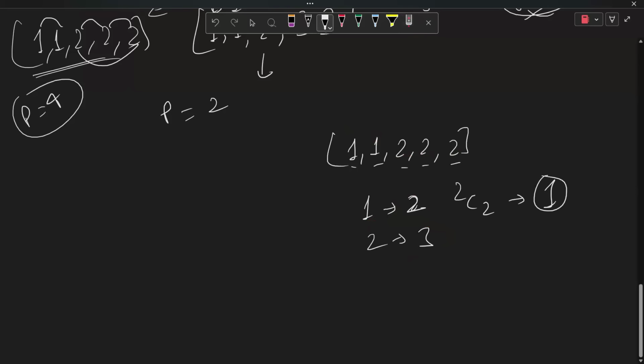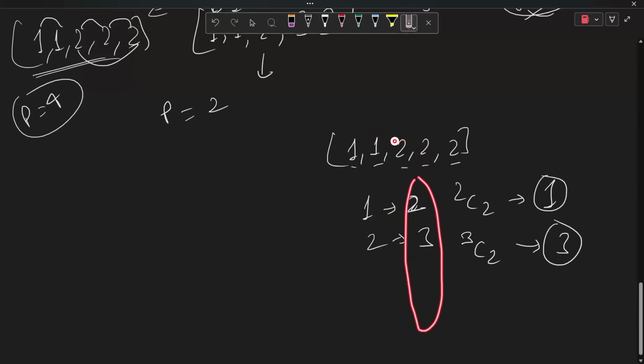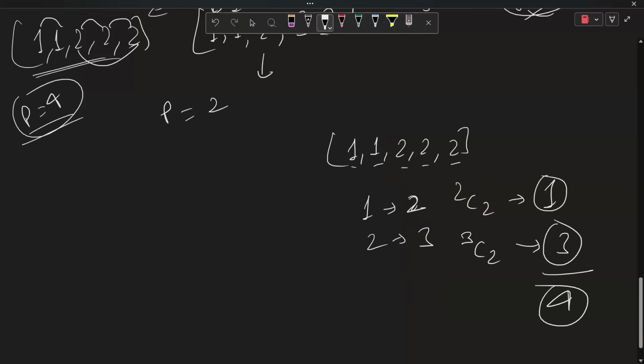Among 3, if you select 2, it's 3C2, which is 3. There are 3 pairs. If you just calculate the frequency of every element, then from this frequency array you take frequency C2 for each and sum up. You would get 1 plus 3, 4 as the value of your p.